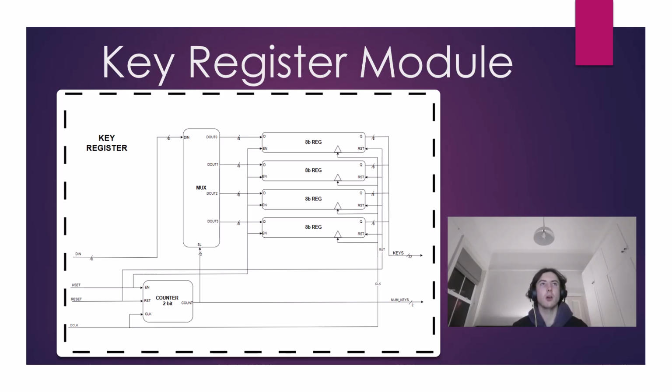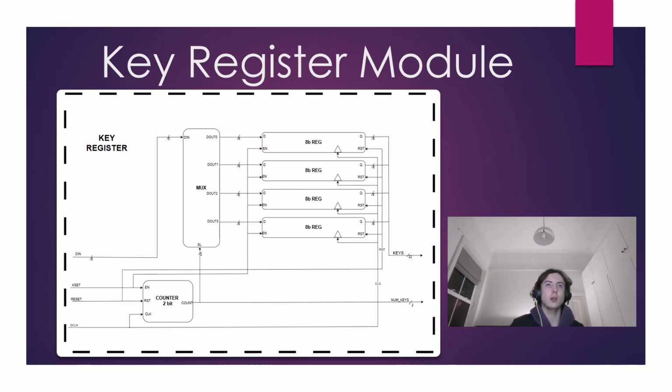So now we're going to look at the hardware description of our key register module. The key register module makes use of a 32-bit register split up into 4 8-bit chunks. It then also uses a 2-bit counter to keep track of how many keys the system has.